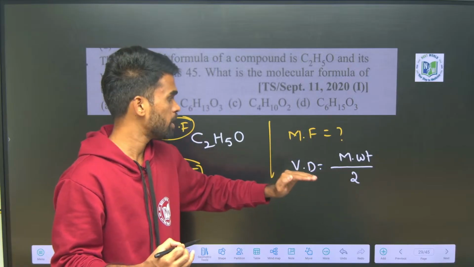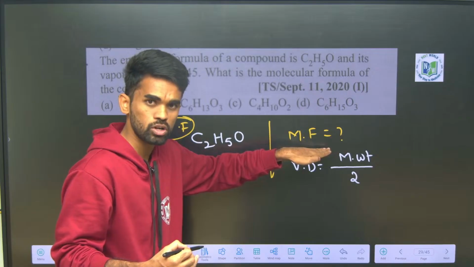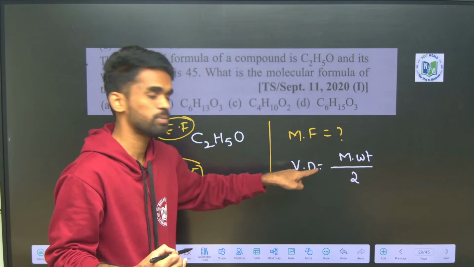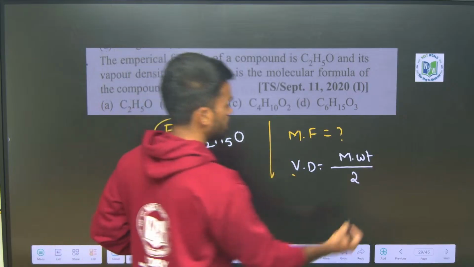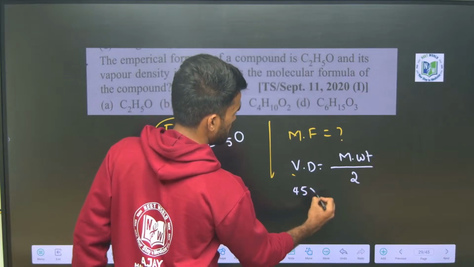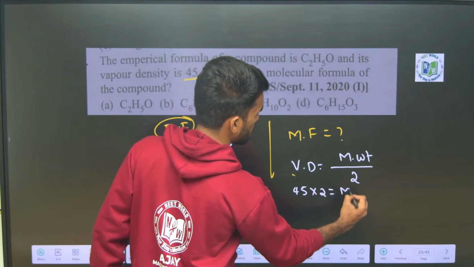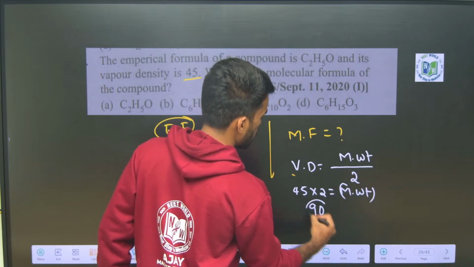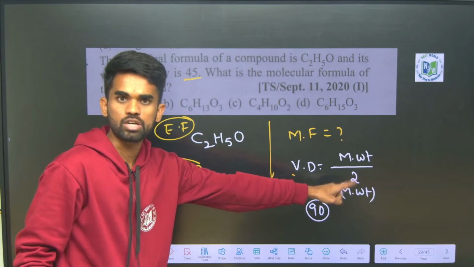We are comparing the molecular weight of that particular compound to the molecular weight of hydrogen. That gives the vapor density. Here vapor density is mentioned as 45. So 45 multiplied by 2 gives the molecular weight of the compound. So what is the molecular weight of the compound? 90.